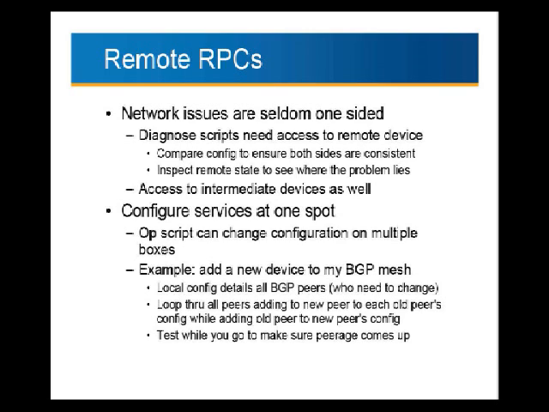In addition, if you're doing an op script, standard operating procedure, if I want to add a peer to my BGP mesh, I can go to a peer that's already there, download its list of peers, and then contact each peer in sequence and add my side and the remote side to the configuration.